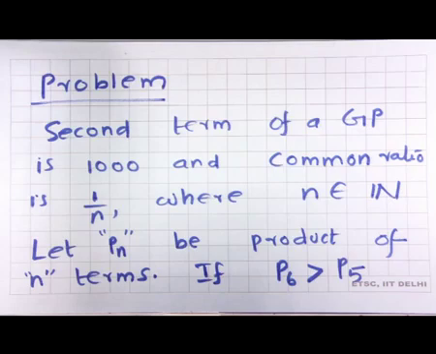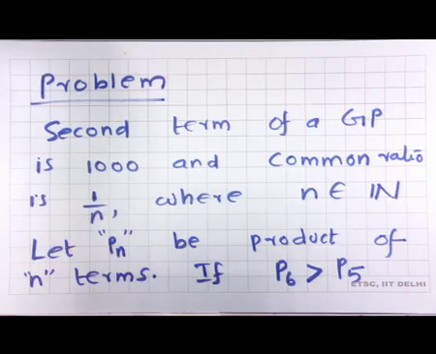A careful observation should reveal to you that it is concerned with GP and the product of terms in GP. Further, one term, I do not mean the first term, in fact here it is the second term, is positive and the common ratio is 1 by n and n is a natural number.